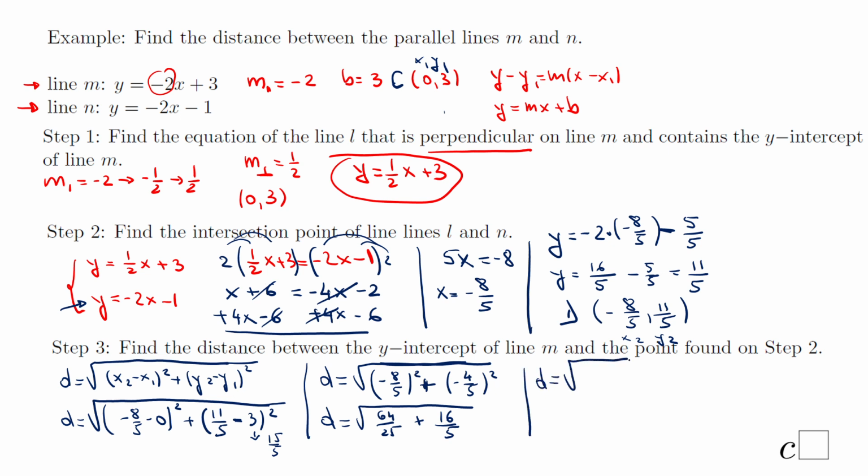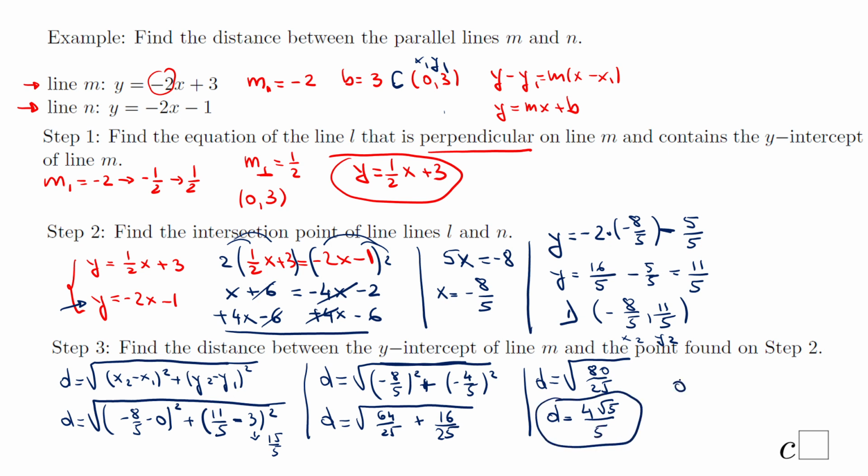Now we can add those two fractions, 64 plus 16, that is 80 over, and I'm sorry, here it's 25 because we squared it, 80 over 25. And you can simplify this one. Square root of 80 will be 4 square root of 5. Square root of 25, it's 5. So this is the simplest form.